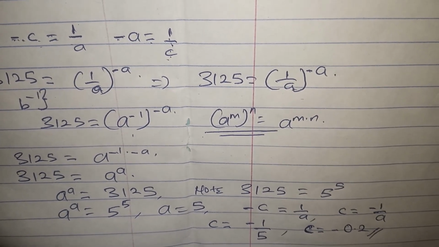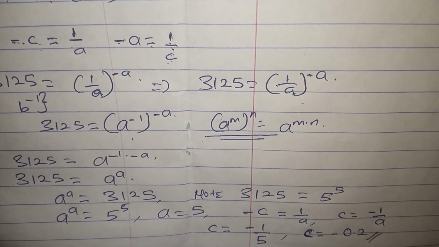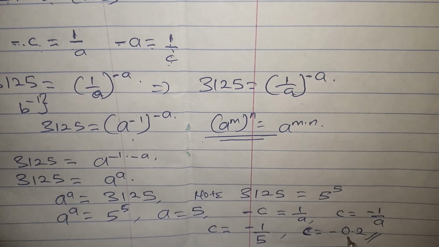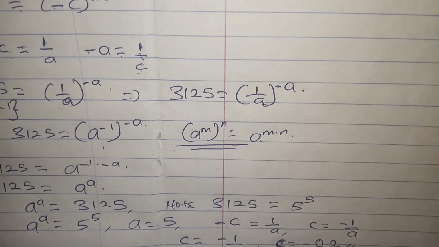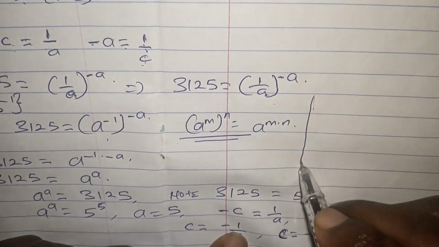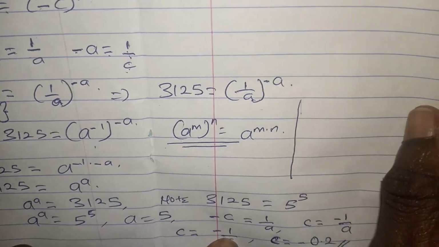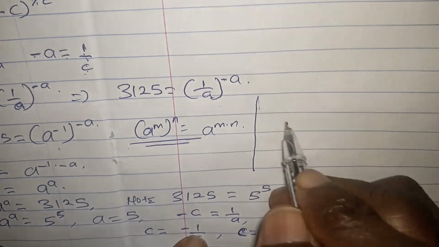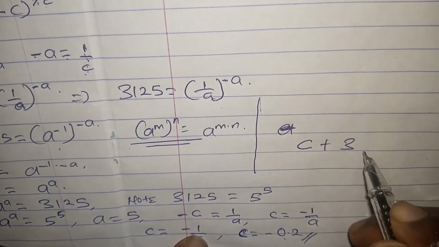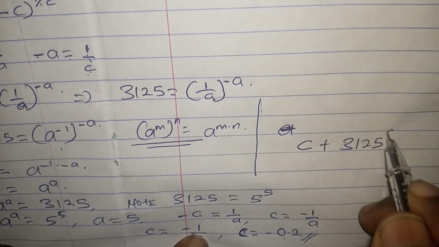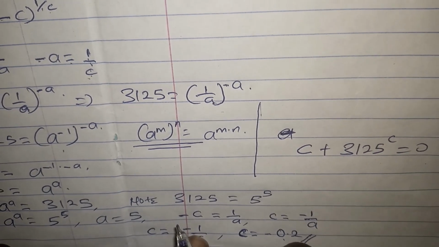So since we've got the value of c, we are going to do something very quickly. We are going to substitute the value of c into our question to see whether it's going to give us equals to 0. So what is our question? Our question says, c plus 3125 to the power of c is equals to 0.